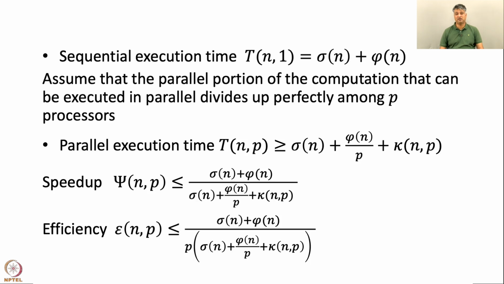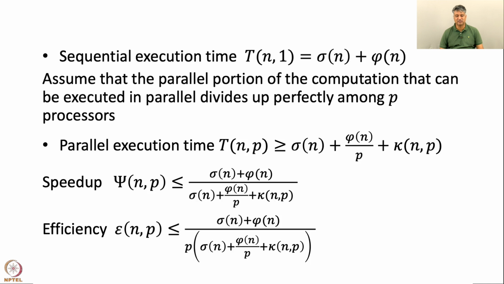Then the parallel execution time, which is a function of both the size of the problem n and the number of processors p, is greater than or equal to the serial time sigma n plus psi n by p, which is the parallelizable time divided by the number of processors p, plus whatever overhead costs we are incurring, which is kappa n comma p.